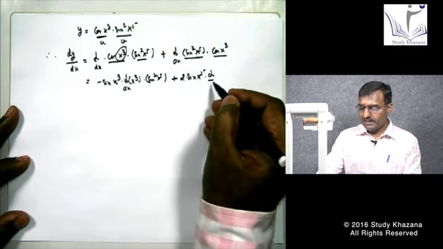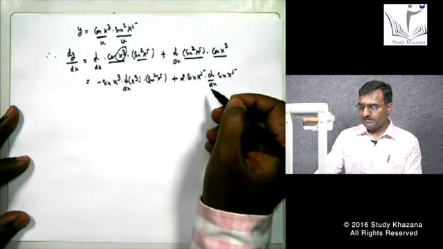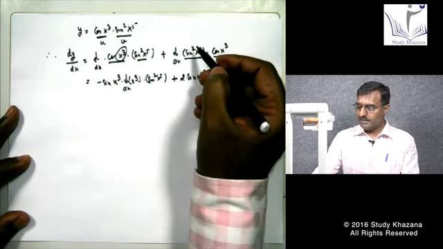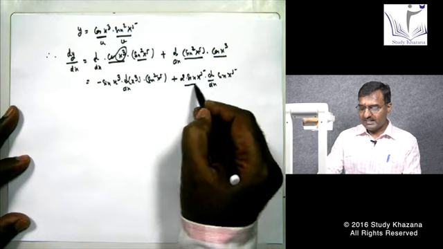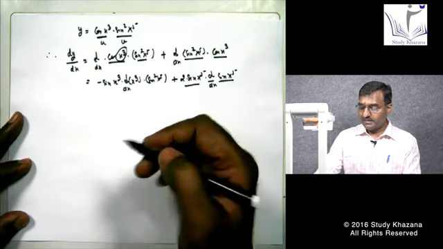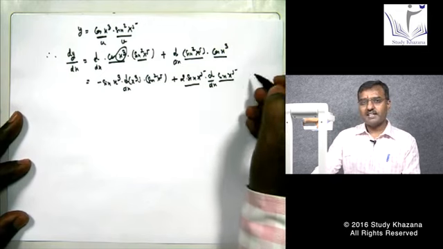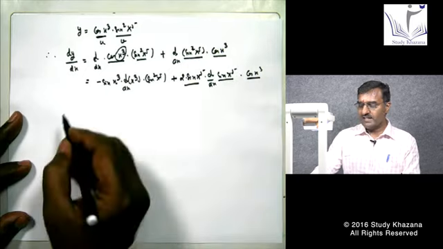Now I have to take the derivative of sin x5. Here I have taken the derivative of this. So what is the derivative of this? This is this. Now I have to take the derivative of sin x5, then I will take the derivative of x to the power 5. Now this will be multiplied as it is.